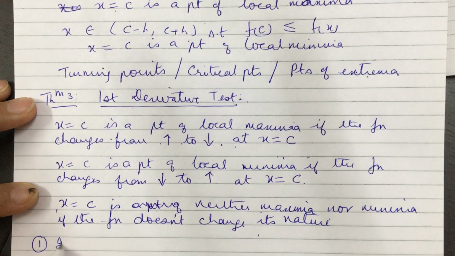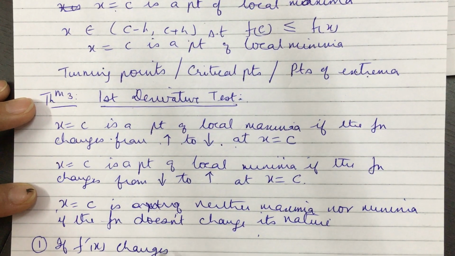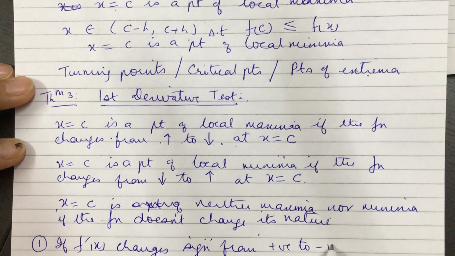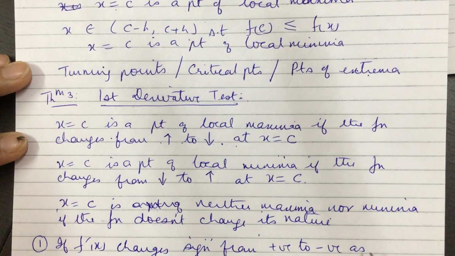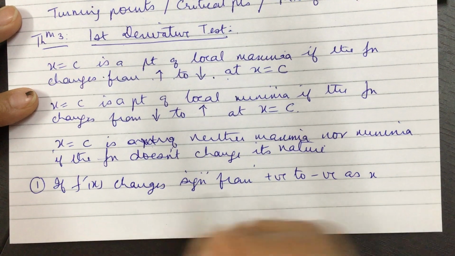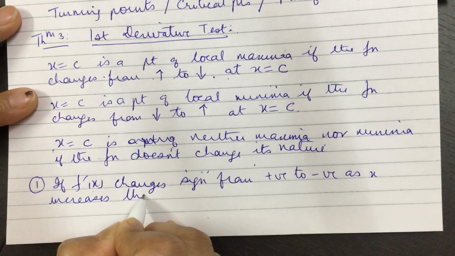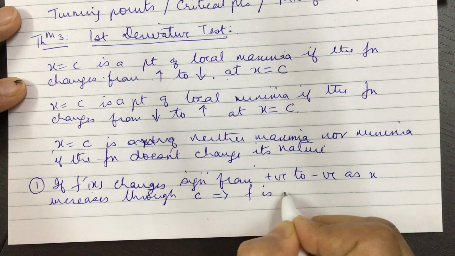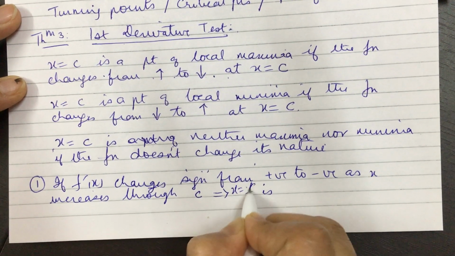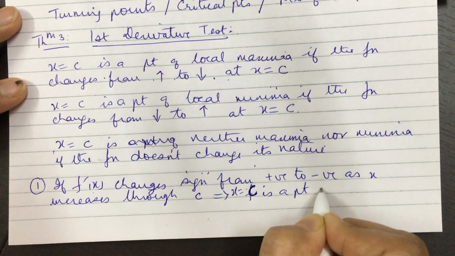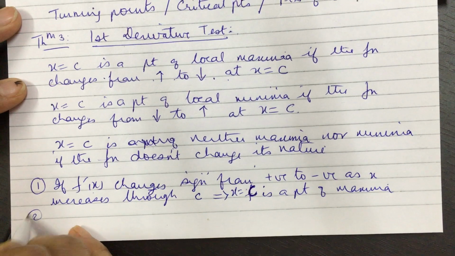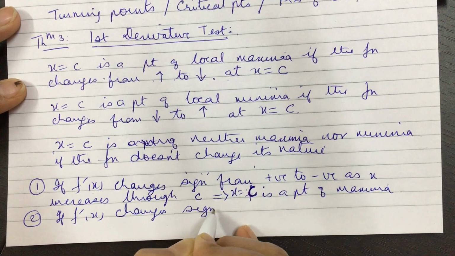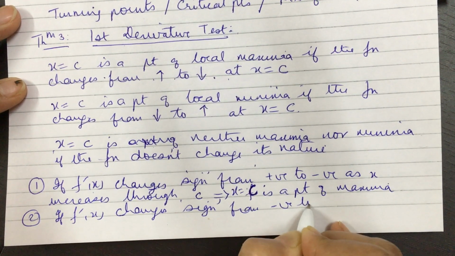And so we say that if f dash x changes sign from positive to negative as x increases through the point c, then it implies that x equal to c is a point of maxima, whereas the second point says if f dash x changes sign from negative to positive.